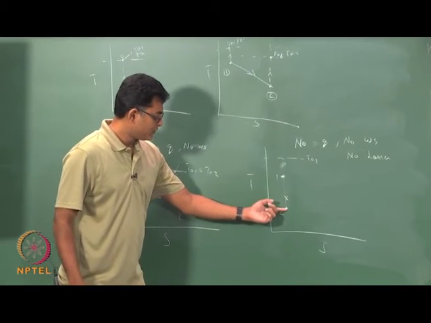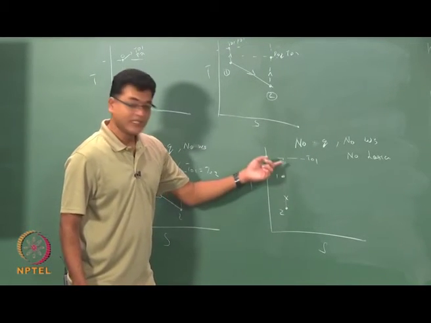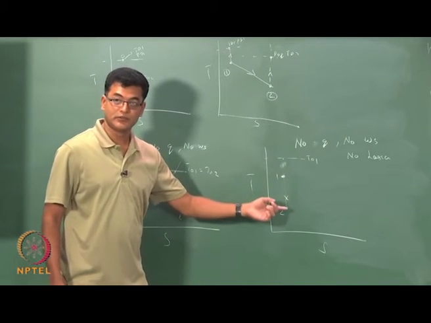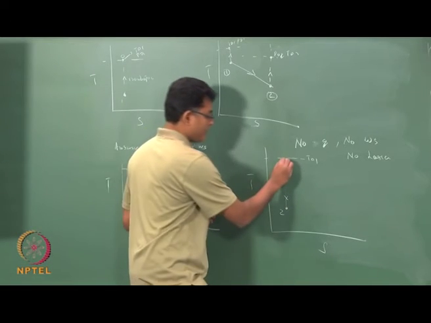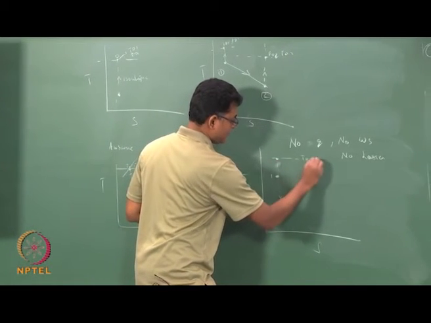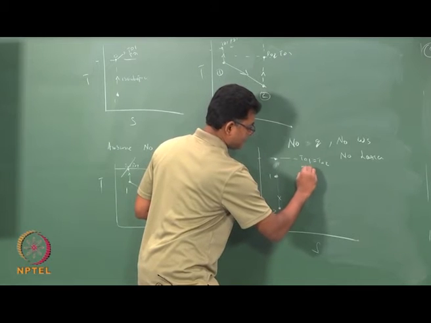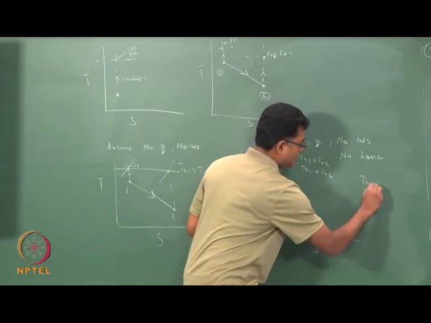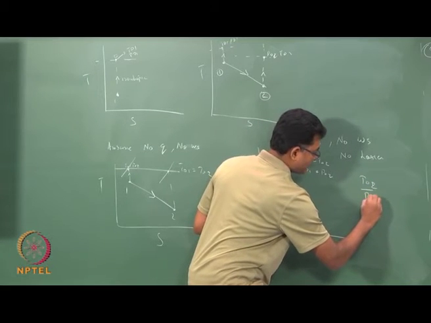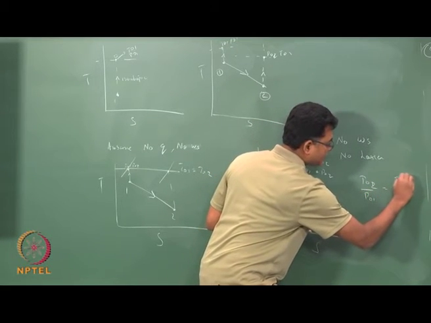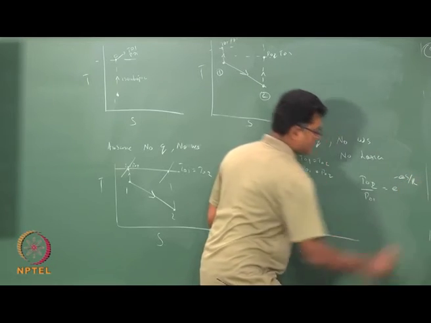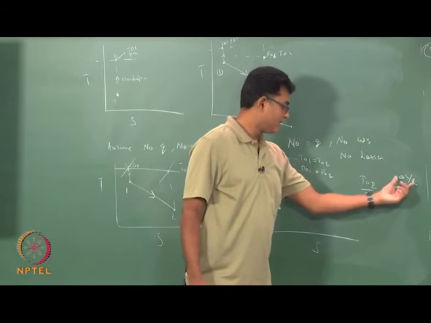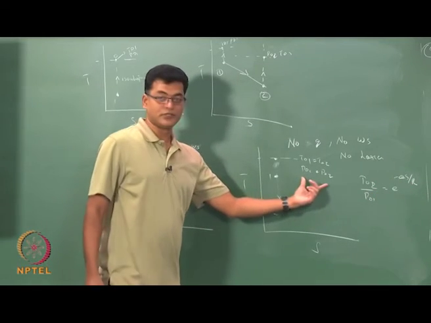This state 2 will have the same stagnation point. So, the T01 and T02 will be the same, and my P01 and P02 will also be the same, because my P02 by P01 is e power minus delta S by R, where delta S is now 0. If that is 0, then my P01 and P02 are the same.